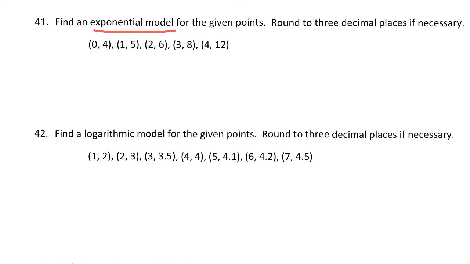So I'm going to go Stat Calc, and then I'm going to go down on my calculator. The exponential model is 0. It says EXP regression. So go to 0, push enter, enter, enter, enter until you get to calculate, push enter. Now, the model that it gives me is y equals a times b to the x.